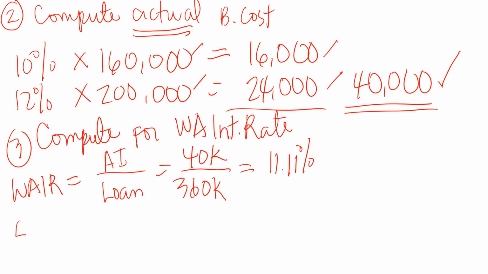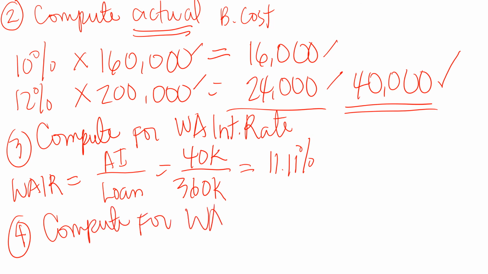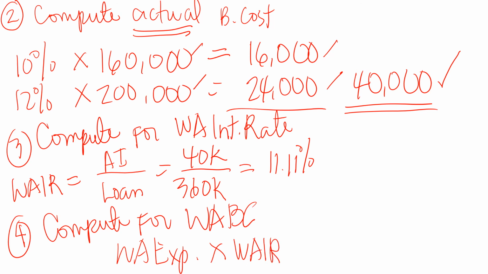So, number 4. Compute for weighted average borrowing cost, which is for general borrowings. General borrowings kasi yung 160 tsaka 200,000. Paano gagawin yan? E di yung weighted average expenditures, i-multiply lang natin ang weighted average interest rate, which is yung 300,000 doon sa previous slides, i-multiply ko lang ng 11.11%.